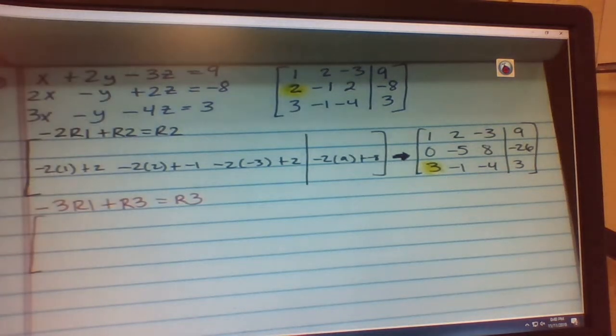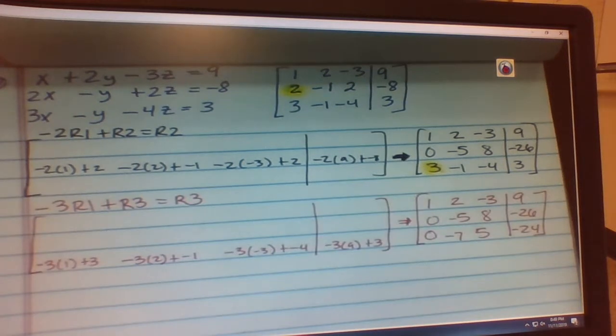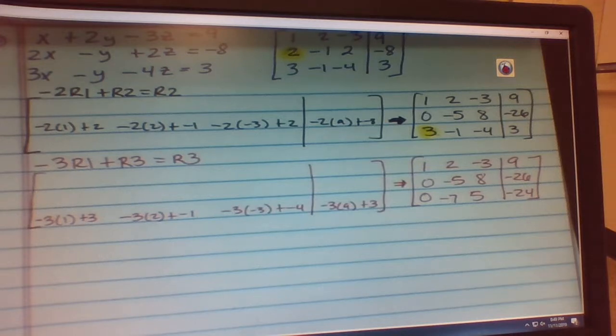Okay. Good. Now type it into the calculator.